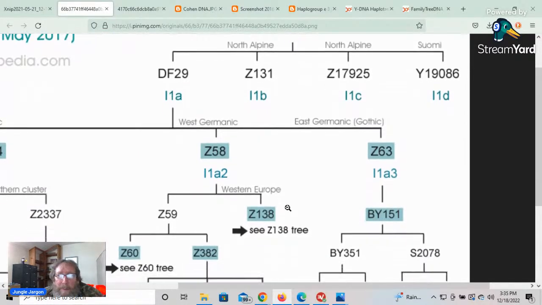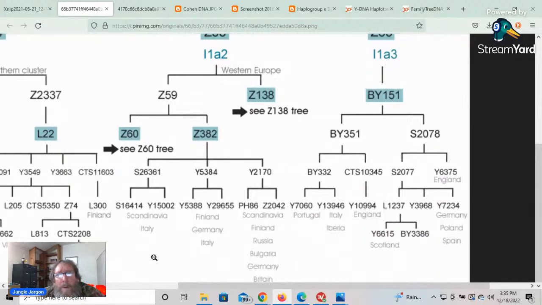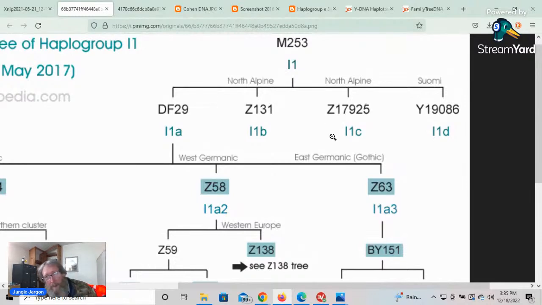And of course, they could have been anybody for that matter. But that's where they apparently originated from, would be the Northern Alps. So that's what I am right there.